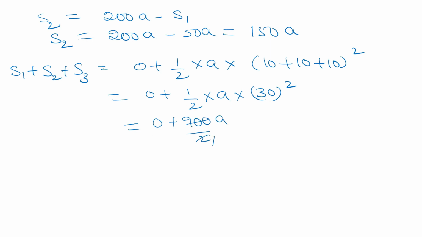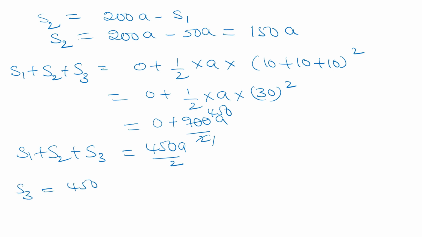Half of 900 is 450, so S1 plus S2 plus S3 is equal to 450a.